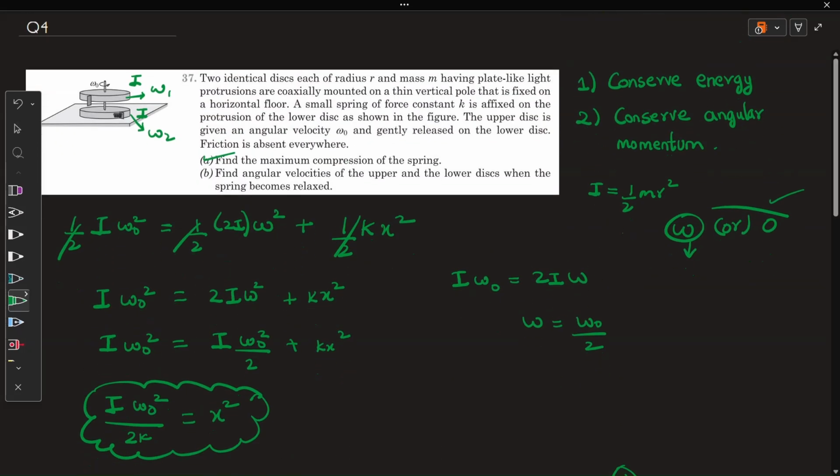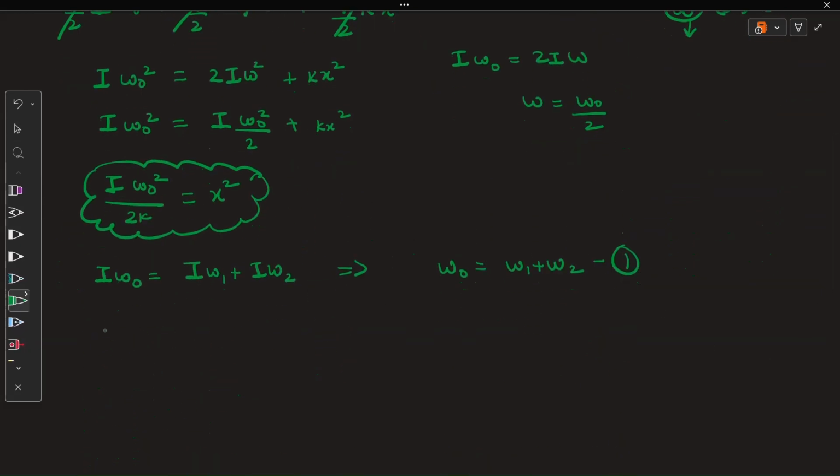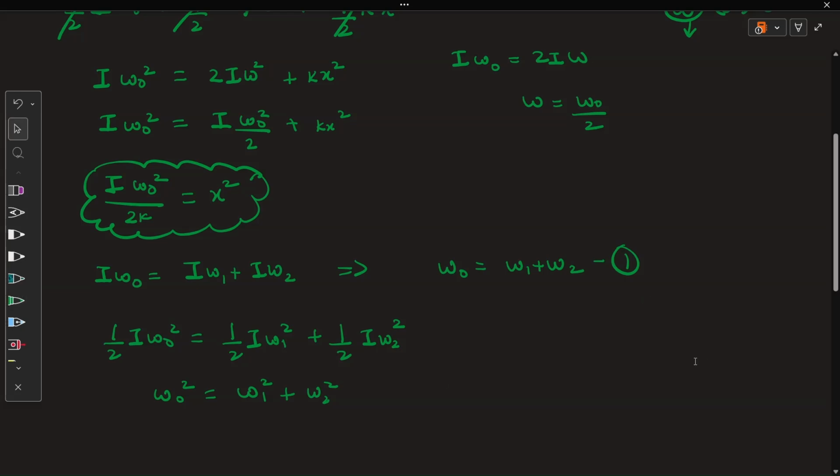What about the second case? Let's conserve energy. Half I omega naught square is equal to half I omega 1 square plus half I omega 2 square, and the spring is relaxed, so no energy in the spring. So omega naught square equals omega 1 square plus omega 2 square.